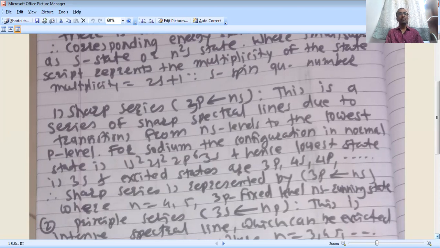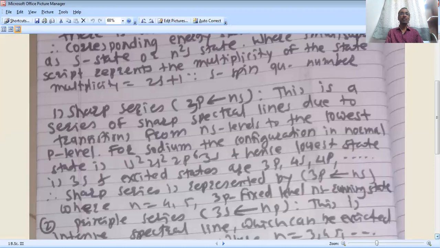For example, for sodium, the configuration in the normal state is 1s2, 2s2, 2p6, 3s1, and hence the lowest state is 3s. And excited states are 3p, 4s, 4p, etc. Understood? This is the transition from nS to 3p.